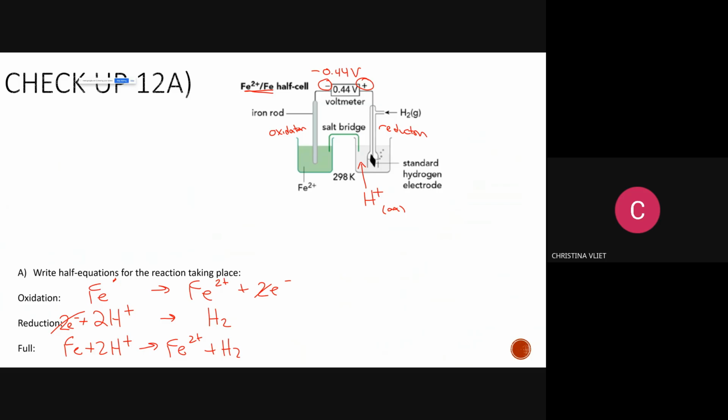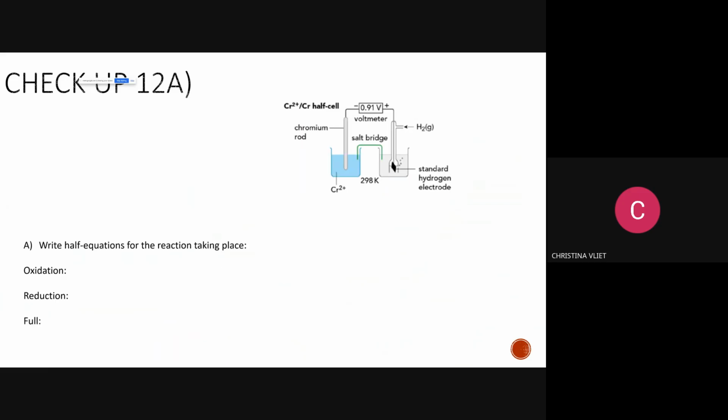Ready to continue? Try another one? All right, looking at this, what's being oxidized? Yep, negative 0.91 means oxidized. So what we've got here is chromium going to what? They tell you. Chromium's going to chromium 2+ and 2 electrons.